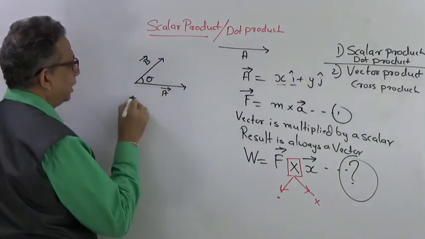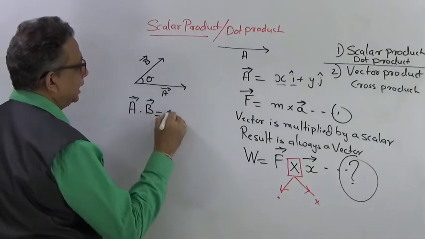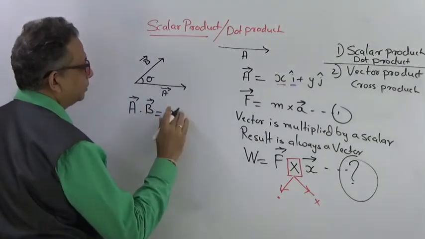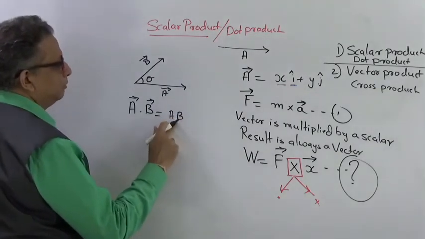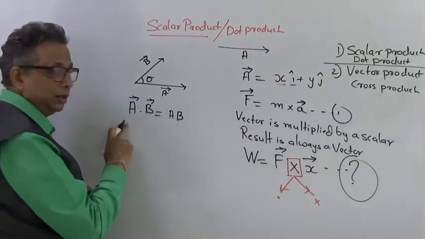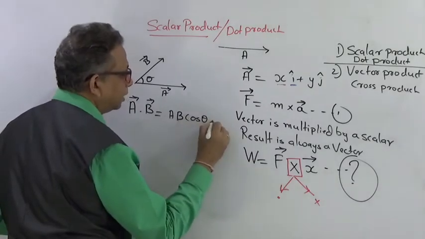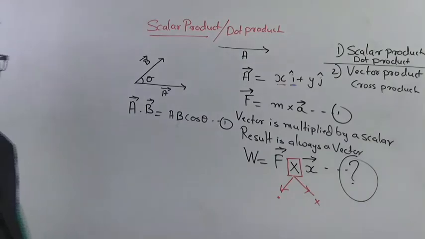Then vector A dot vector B, if I do a dot product of this, is a normal multiplication. I am not showing you any sign, which means it is a normal multiplication of the magnitude of A into the magnitude of B into cos theta.